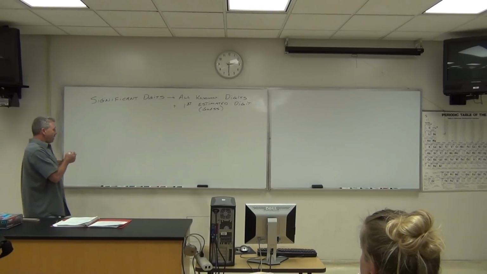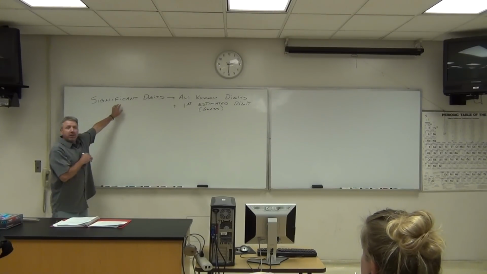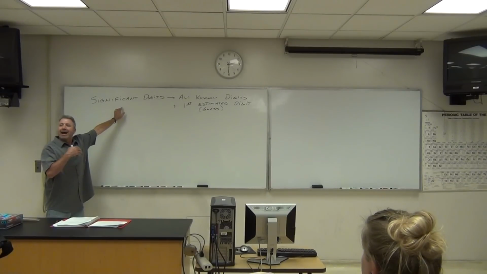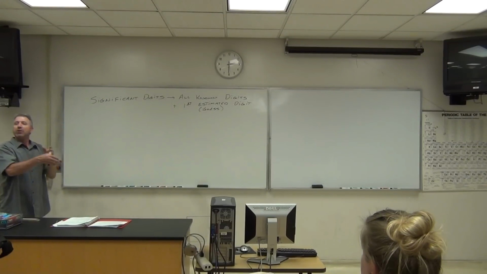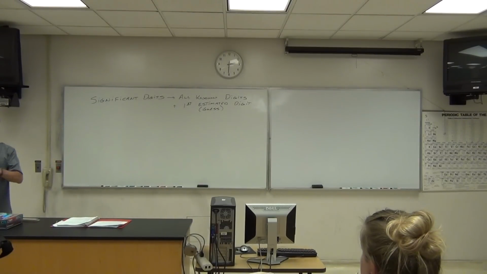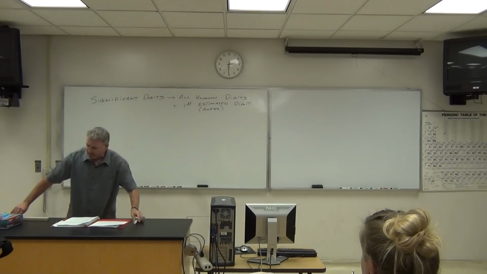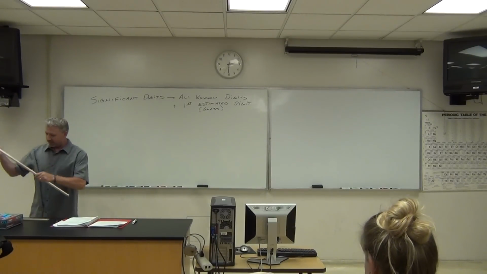So what we have to do is, we have to first learn how to determine how many significant digits a particular number has. We need to know how to round our answers to the correct number of significant digits. Okay, so we're going to begin by taking some measurements.